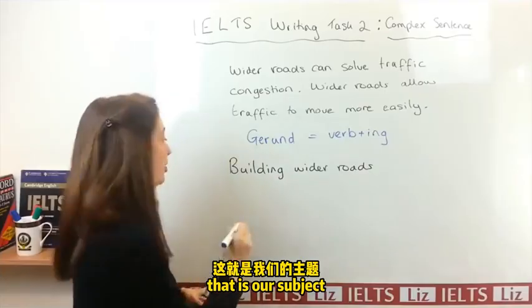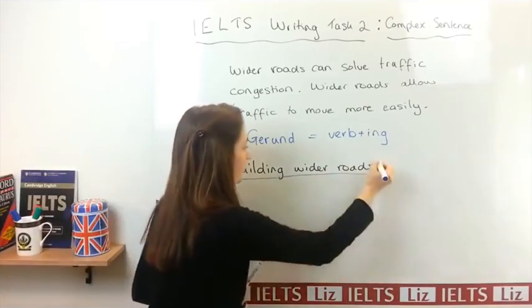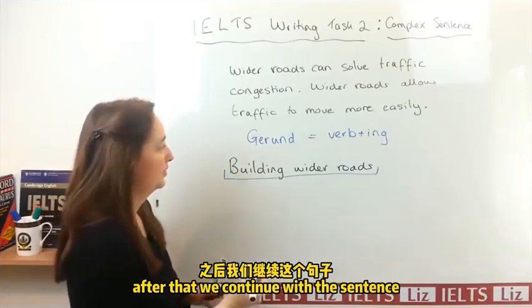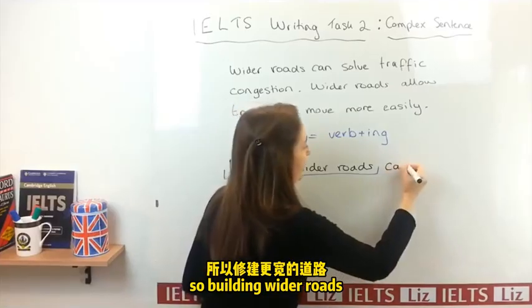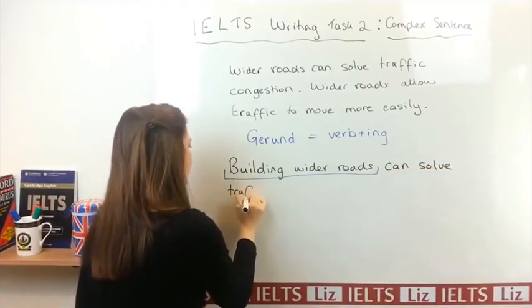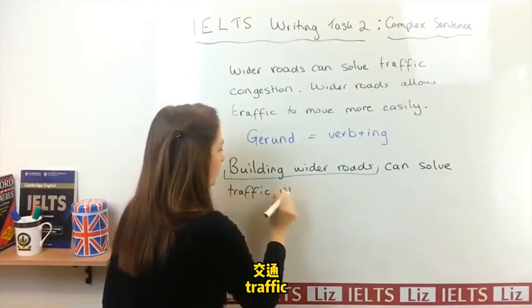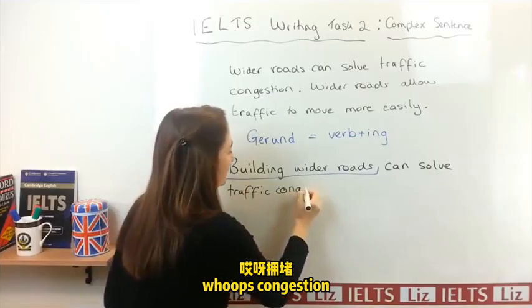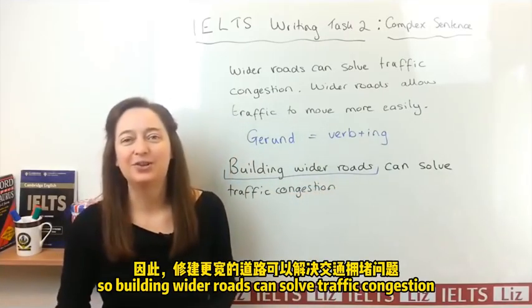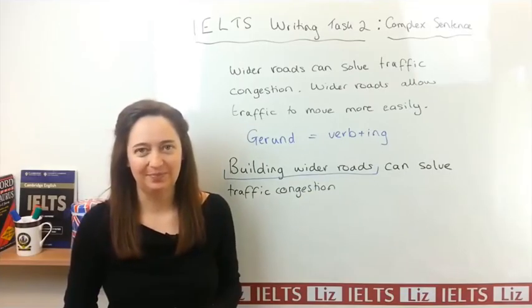That is our subject. After that, we continue with the sentence. So, building wider roads can solve traffic congestion. So, building wider roads can solve traffic congestion.